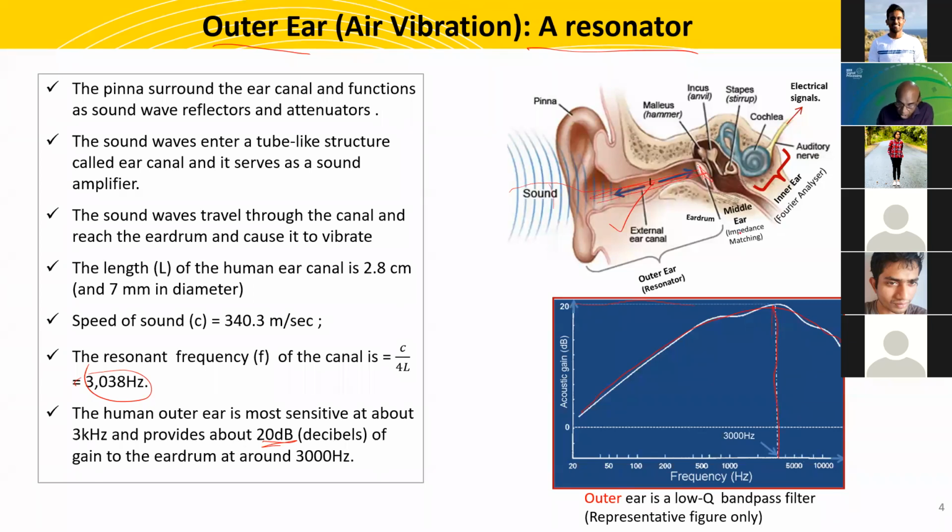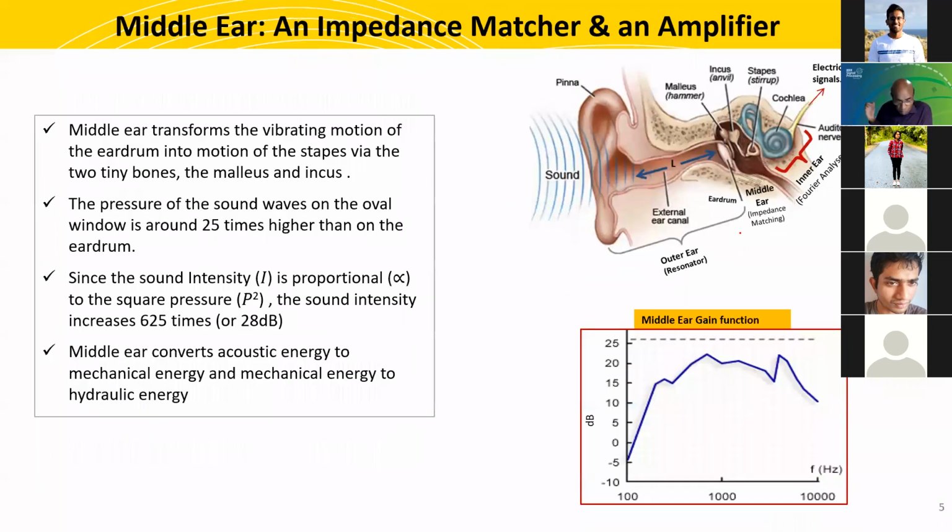Okay. Now we move on to the middle ear. The middle ear has 3 tiny bones, and the pressure at this point is amplified 25 times before it feeds into the cochlea. So it's a kind of amplifier, but its frequency response is roughly flat. It doesn't tune, it's not selective.